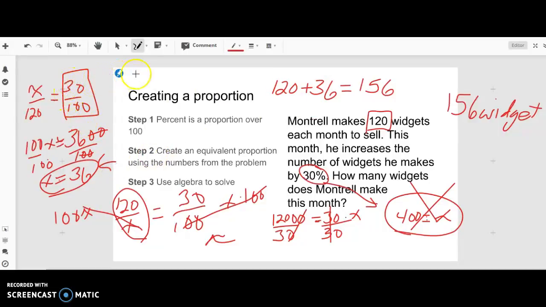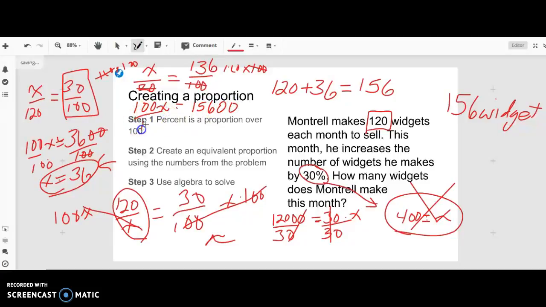If I had done this proportion, x over 120 equals 136 over 100, if I multiply that out, 120 times 100 on both sides, the hundreds cancel out, the 120s cancel out, so I have 100x equals 136 times 120, which becomes 156 with 2 zeros.